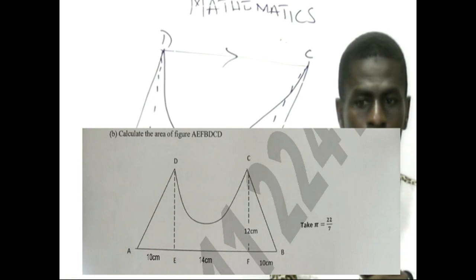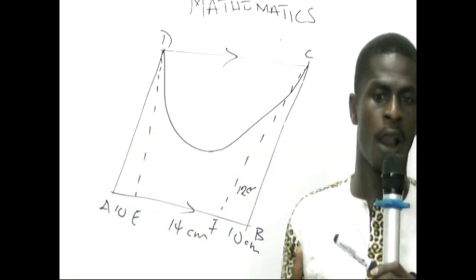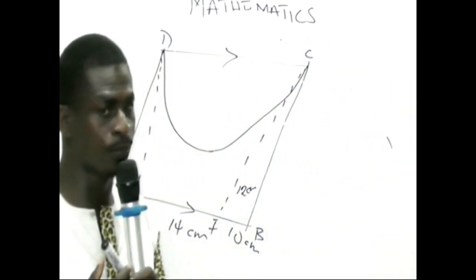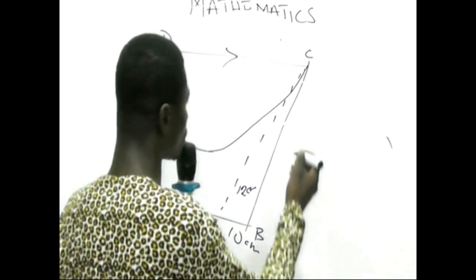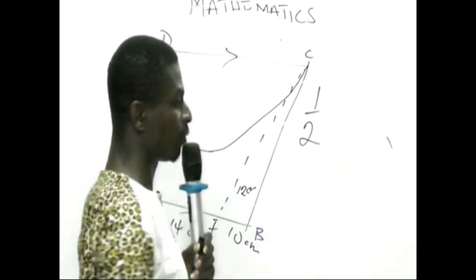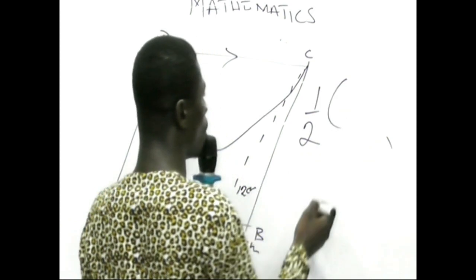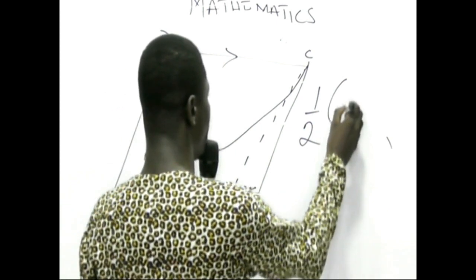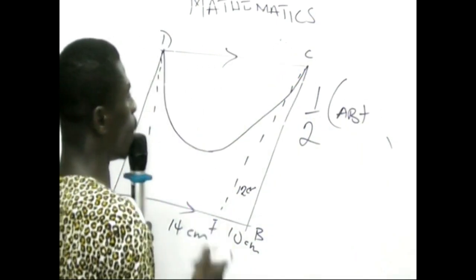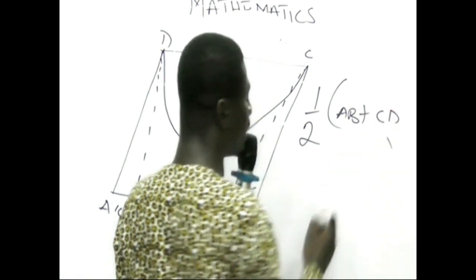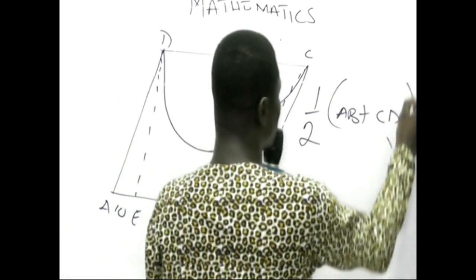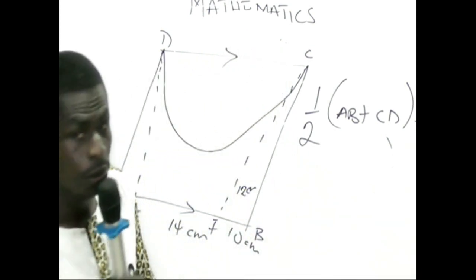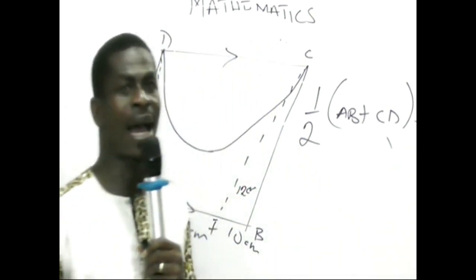Now we know that to calculate the area of a trapezium, you simply have to find half the addition of your two parallel sides, that is your AB plus your CD, then you multiply everything by the height.